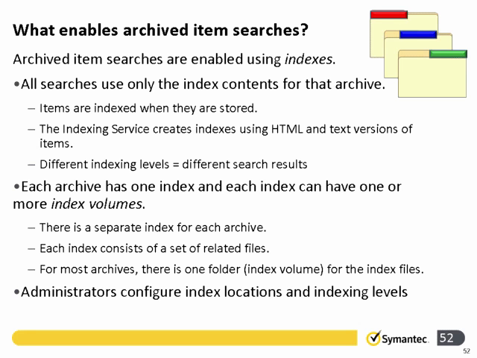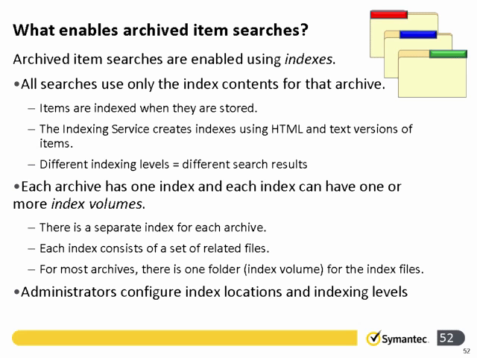Now, when we just say that, it is a little bit confusing. However, we'll have some diagrams later. We have a separate indexing chapter where we'll go into that architecture and give you some graphics to help make that make a little bit more sense. So when we go through and set that up, we'll be able to see what we're talking about when we say that an archive has an index and an index has one or more index volumes.